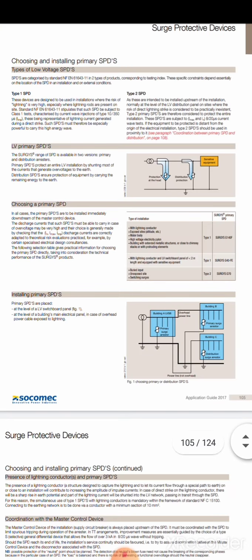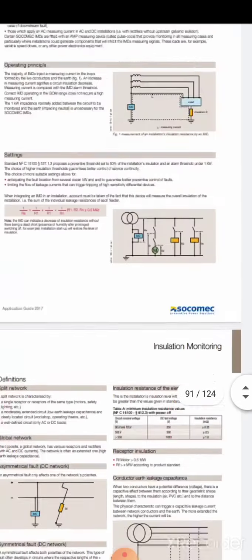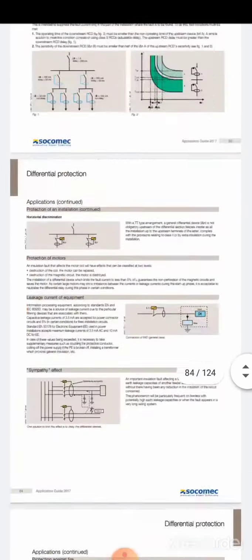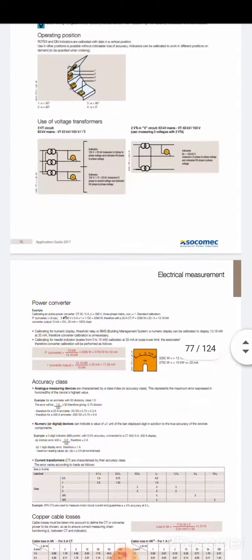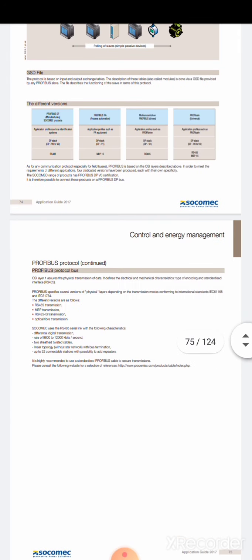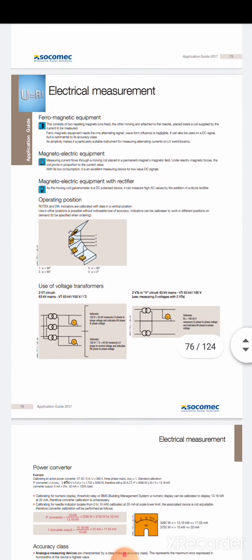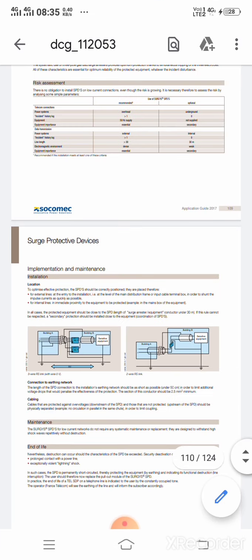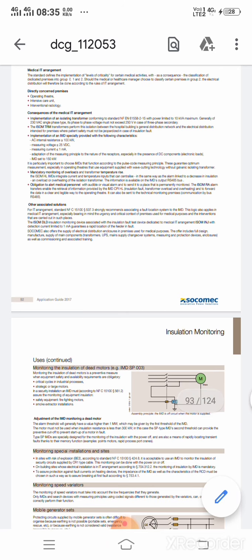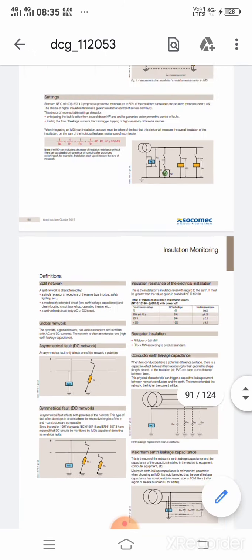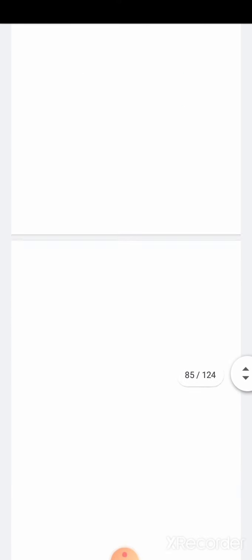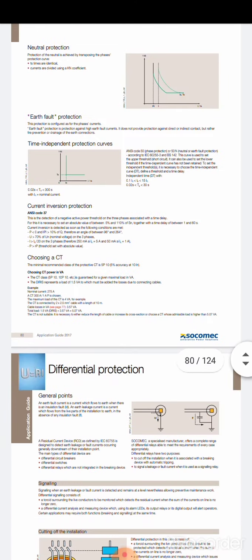Next time we are going to talk about electrical measurement.